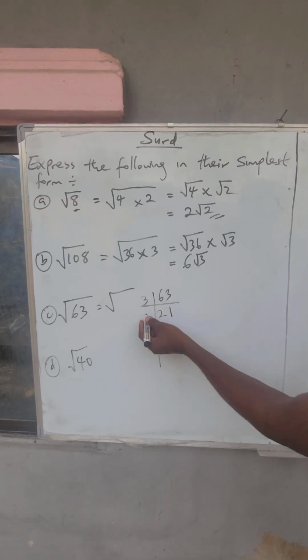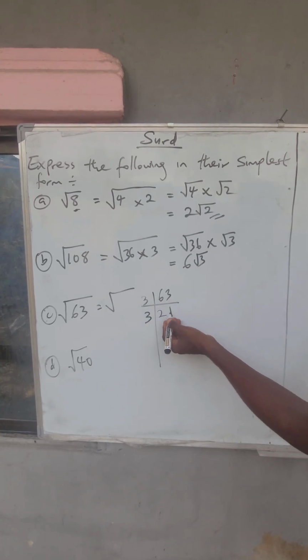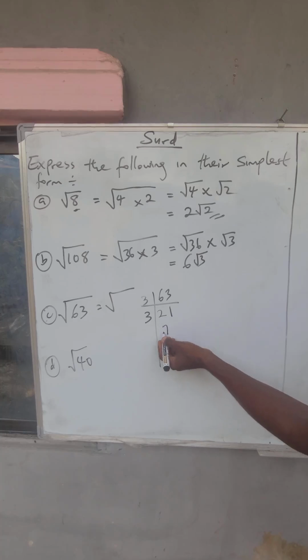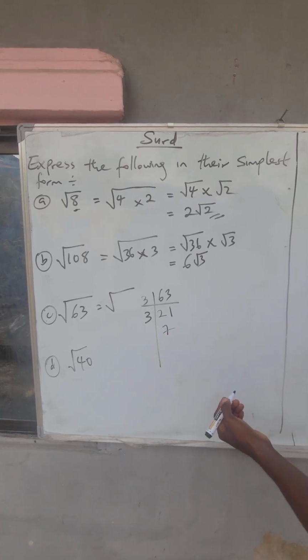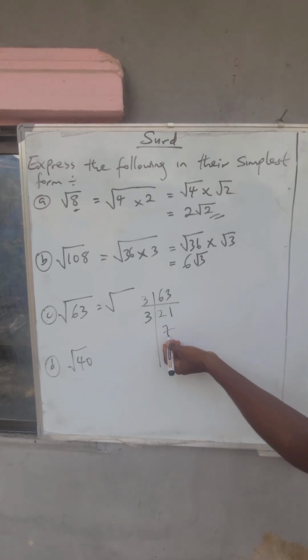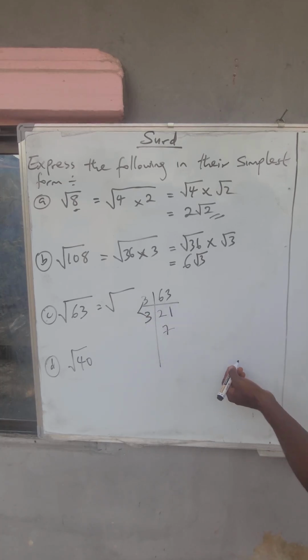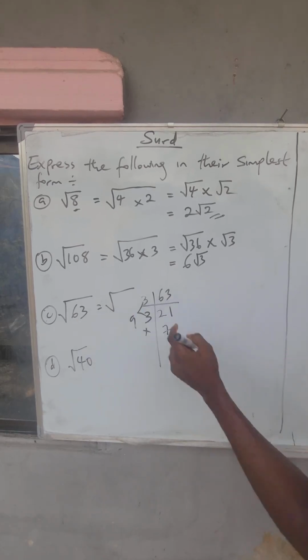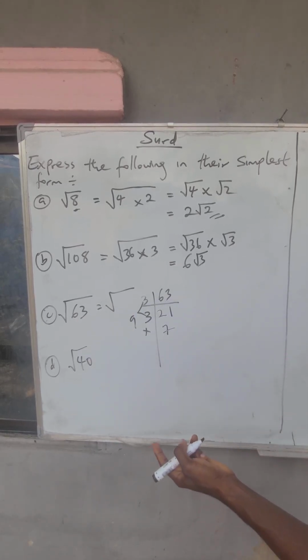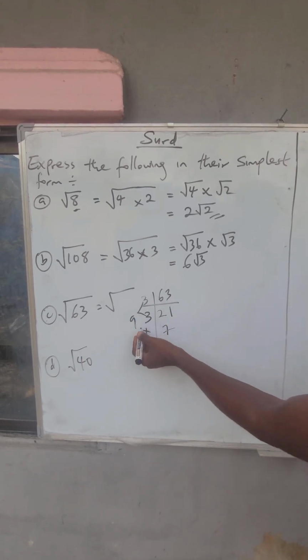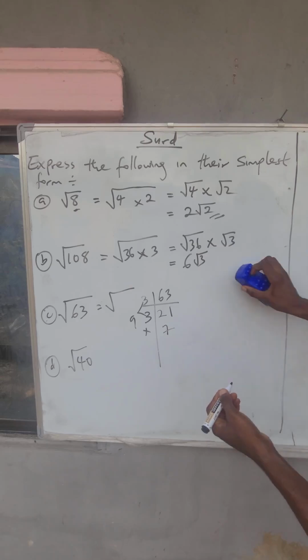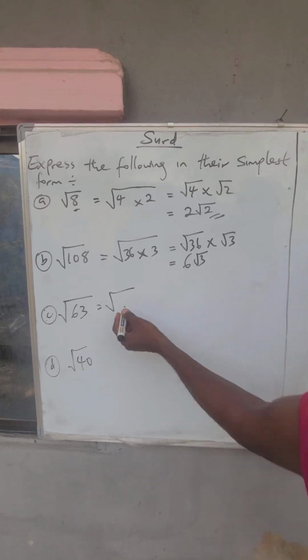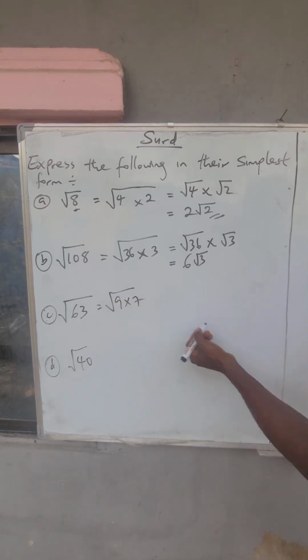We go again, 3 into 21 gives you 7. Now look at this, this is 3 times 3, which is 9, and 9 times 7 gives us 63. So the perfect square here is 9 times 7.